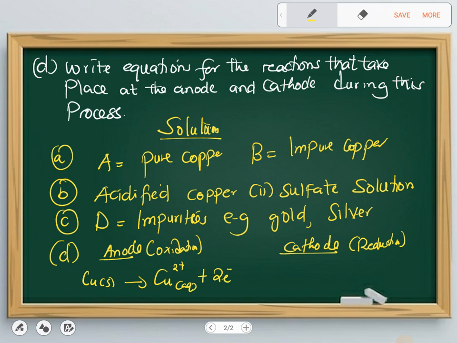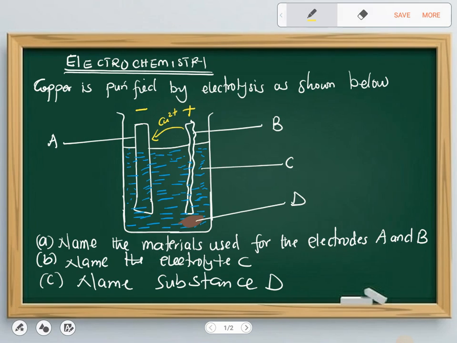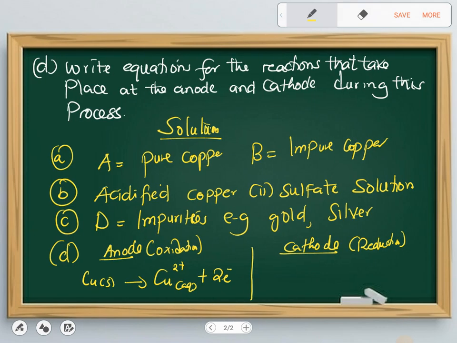On the other hand, the cathode is accepting electrons. The copper is already in ionic form in solution, so it has ions. It accepts electrons from the anode to form solid copper, which is now the pure one.